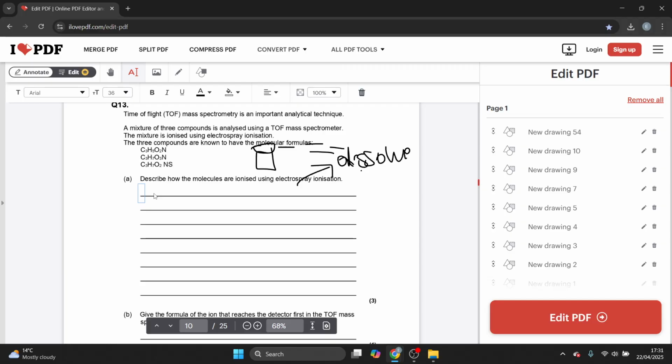So in electrospray, the sample is dissolved in a volatile solvent and injected through a nozzle at high voltage, and each particle contains a proton.